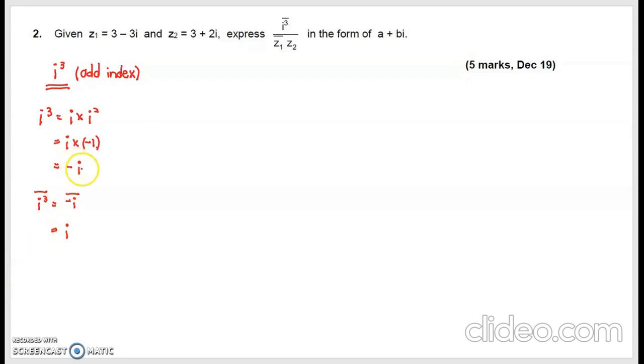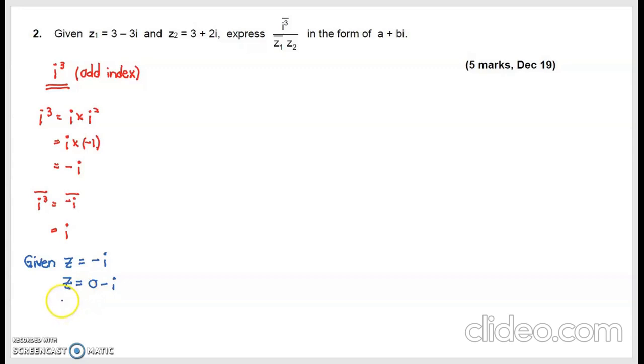I can show you an example. Let's say z is equal to, for example, negative i. From this z, I can change it to z equals 0 minus i, I can put a 0 in front.